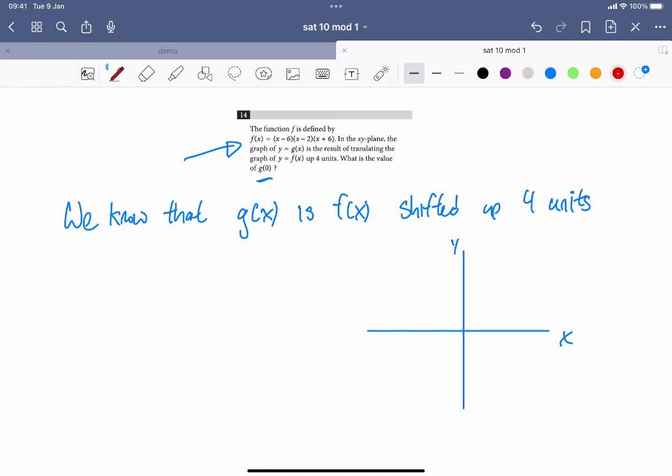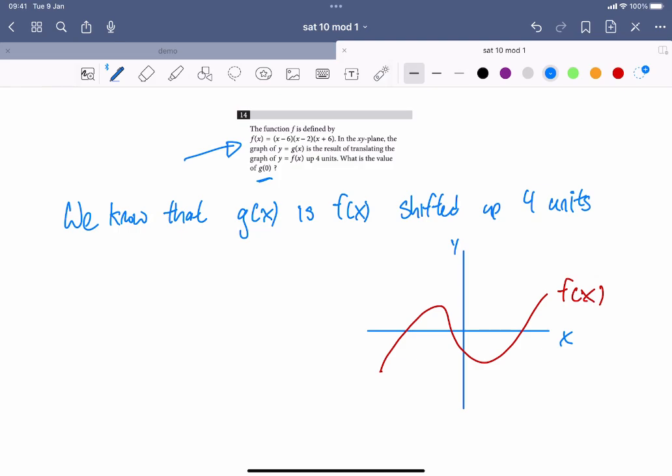So let's just do an example curve or example function. So red can represent f of x. I know this doesn't represent the graph properly, but it's just an example of what f of x is doing to get g of x.